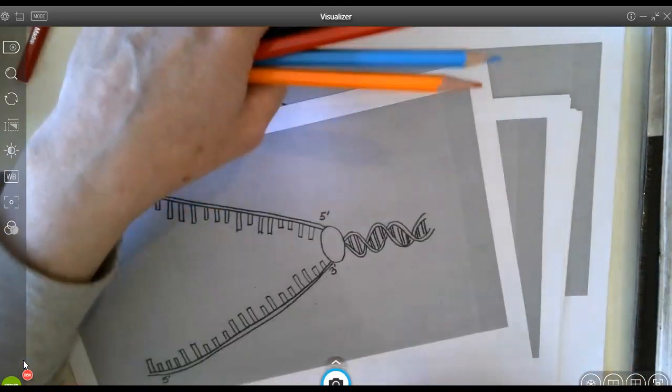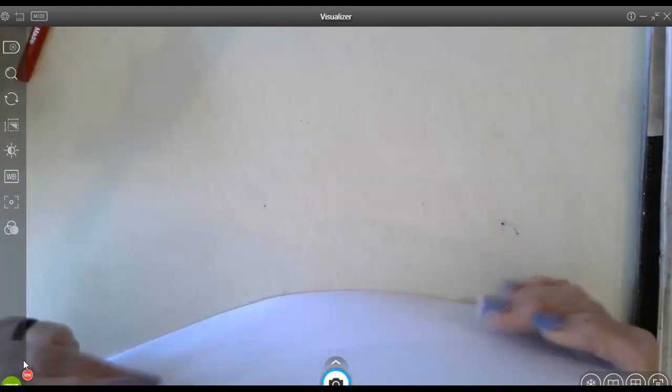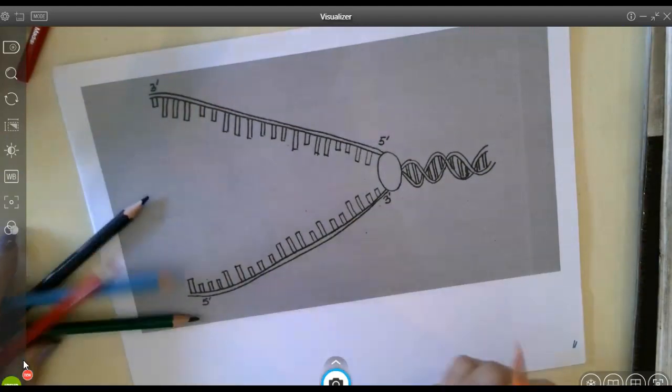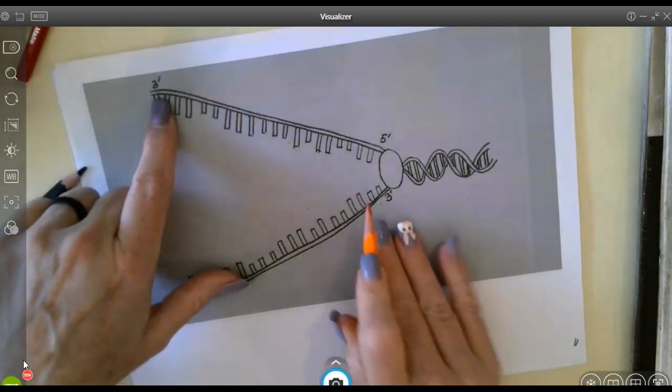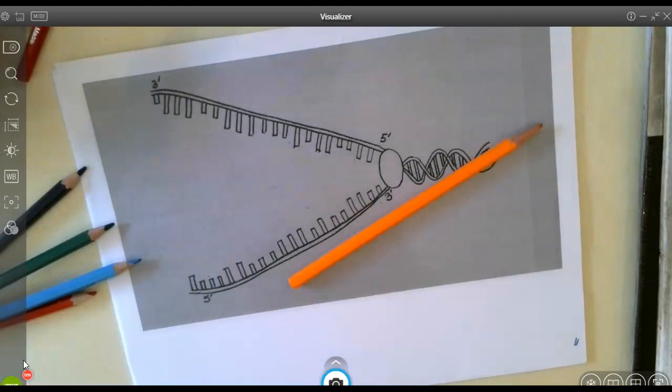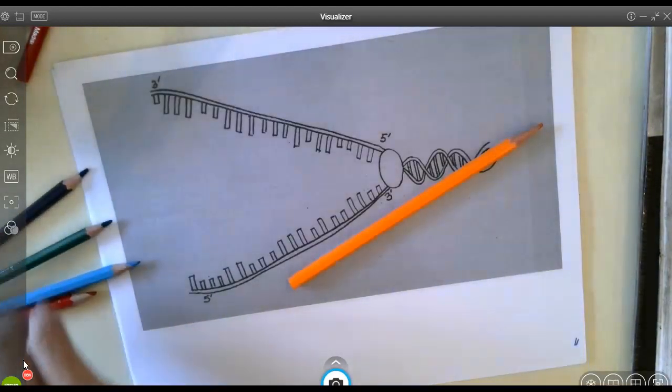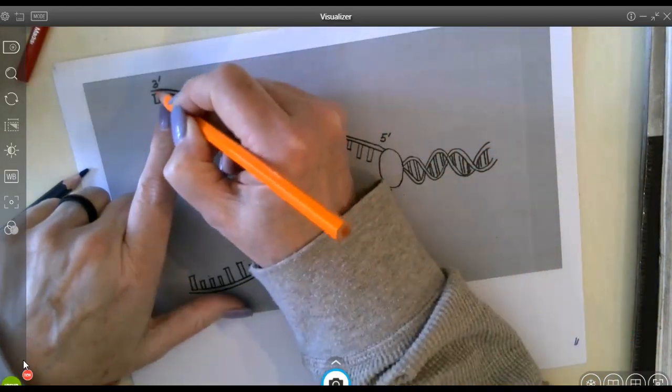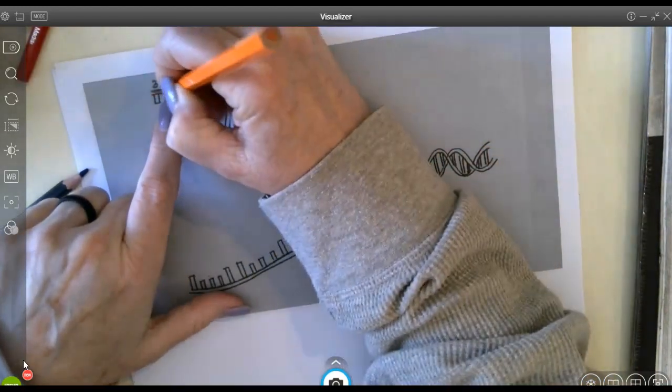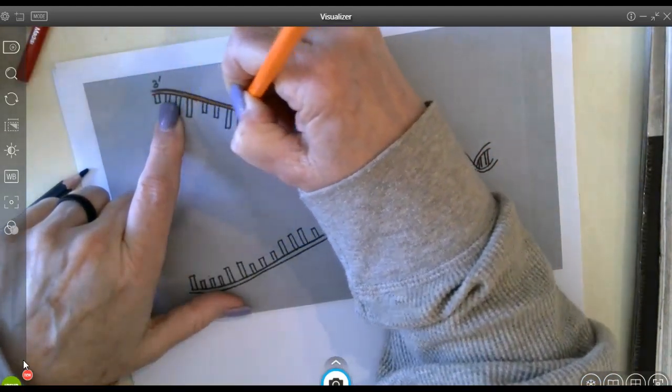So, okay, what's up with the paper? So on one, up here, let me shut this blind. Better? Yes. Okay. So all the time, this top strand right here is going to be orange.